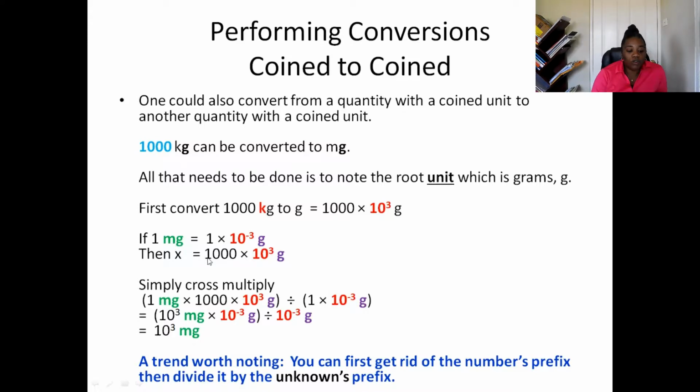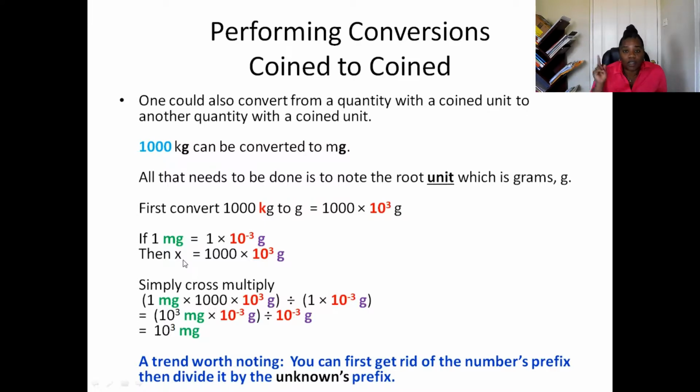And so you cross multiply. This is just like a fraction. This is like 1 milligram over X equal to 10 to the negative 3 grams over 1000 times 10 to the 3 grams. You just cross multiply to find X, which you would have done earlier as well. And so here you will have 1 milligram times 1000 times 10 to the 3, because this will go up here, and this part will come down because you're looking for X. Remember, your main operation is to get X in the numerator.